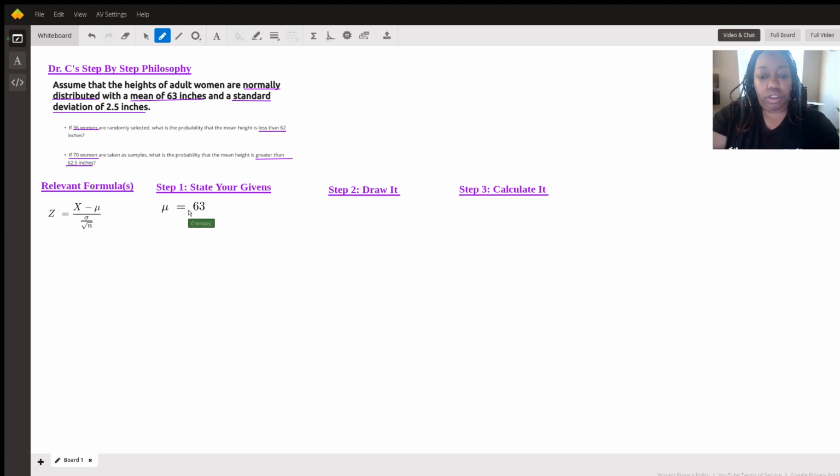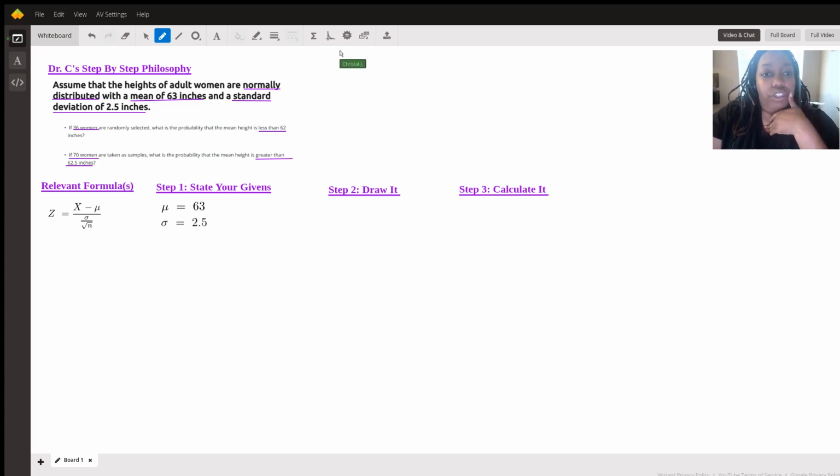And then it says the population standard deviation is 2.5. So the population standard deviation, that's sigma, is 2.5. We have two sample sizes. The first one is 36 and the second one is 70.